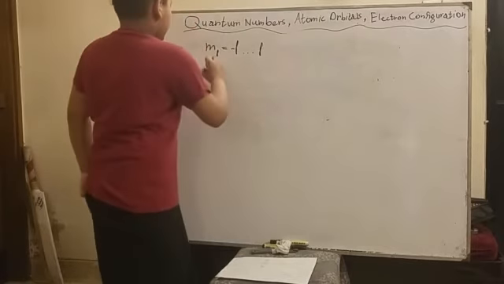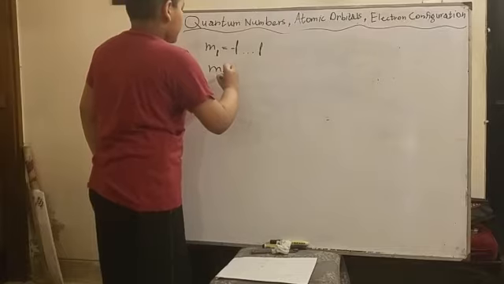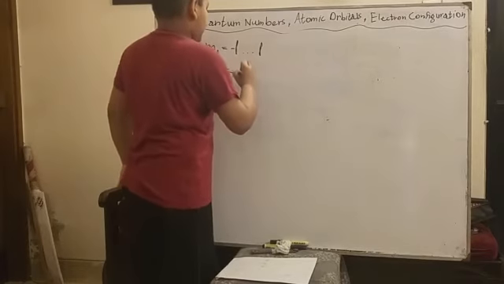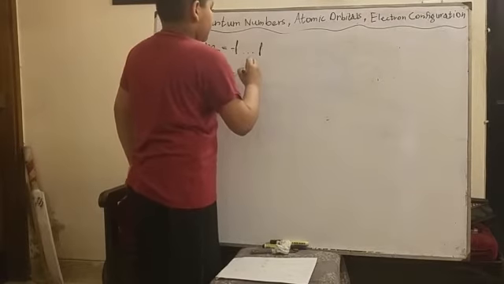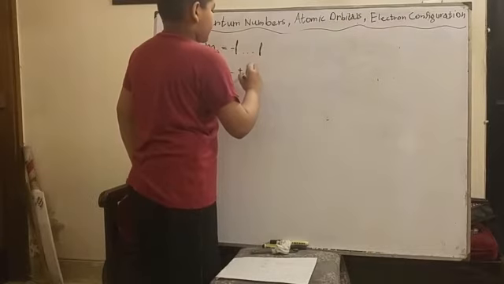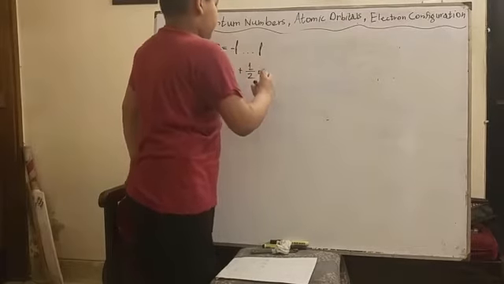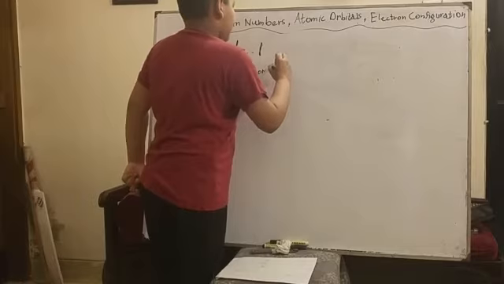There is also the spin number, which isn't dependent on anything. It's just, is it a positive spin or a negative spin? So it would be positive 1/2 or negative 1/2.